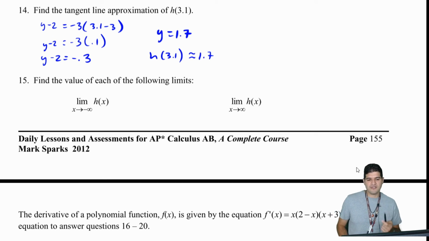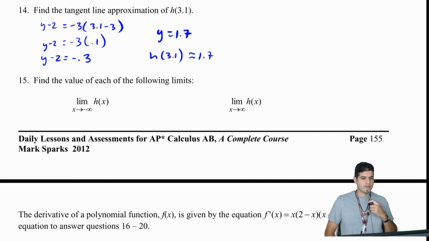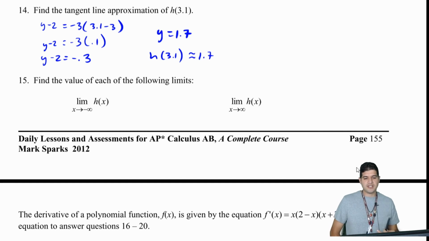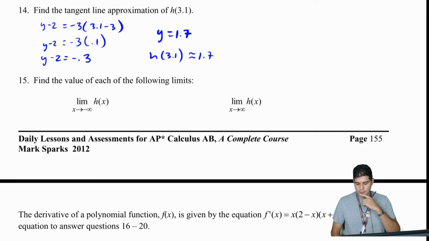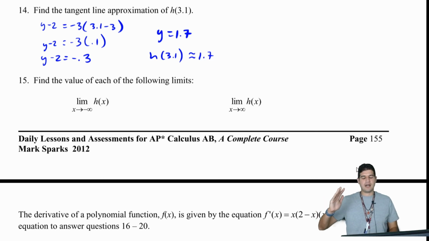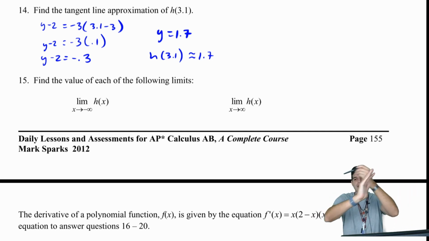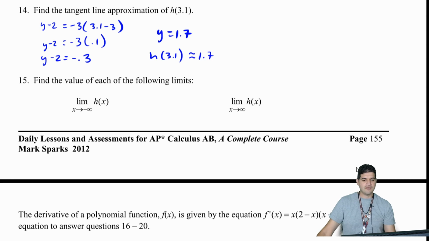And lastly, we want to find the value of each of the following limits. Well, the limit of h of x as x approaches negative infinity, we want to say, okay, what's happening on the left side of our graph? Since my function is increasing on the left side of the graph because everything was positive, that means as I'm going to the left, h of x goes to negative infinity.